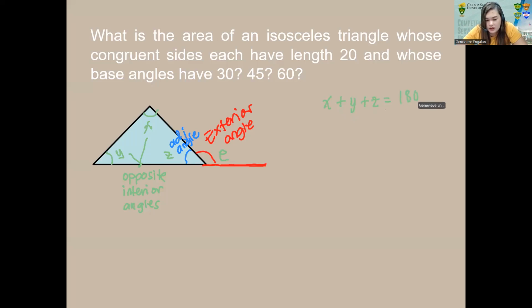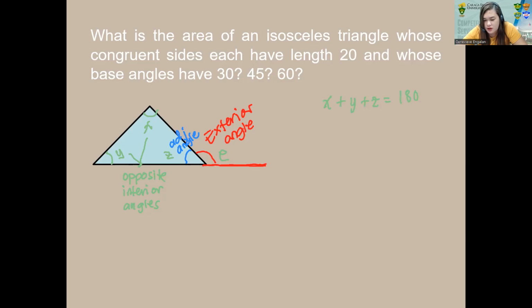Unya, unsay relationship aning exterior angle ug kining adjacent nga angle niya? Ma'am, kung i-add ang exterior ug ang adjacent angle mag result siya into 180. Nga naman kay they are linear.